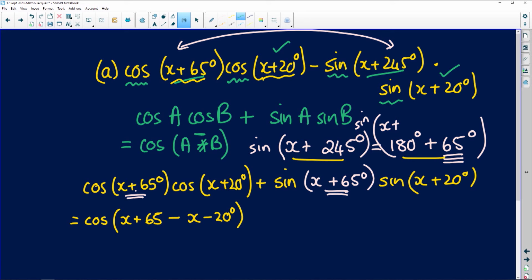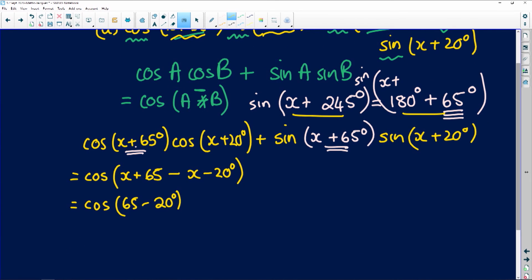If this was a minus, this remains a plus. So we're ready to conclude our answer. The cosine of x minus x is gone. We've got 65 minus 20, and that leaves me with the cosine of 45 degrees, and without a calculator, that is 1 over root 2, or some of us use root 2 over 2.